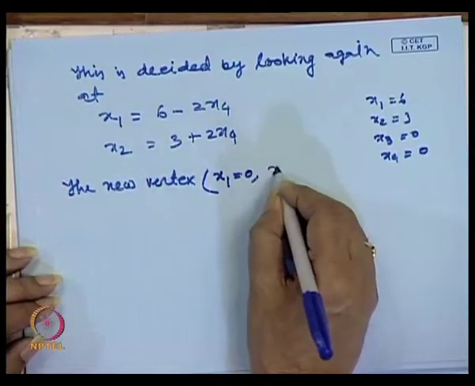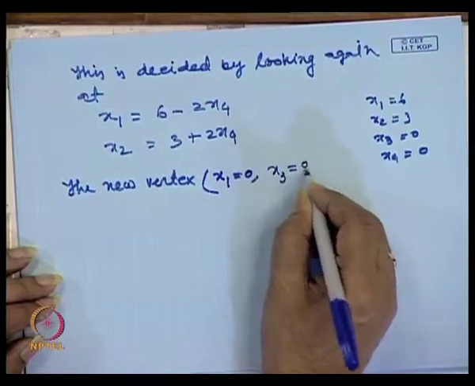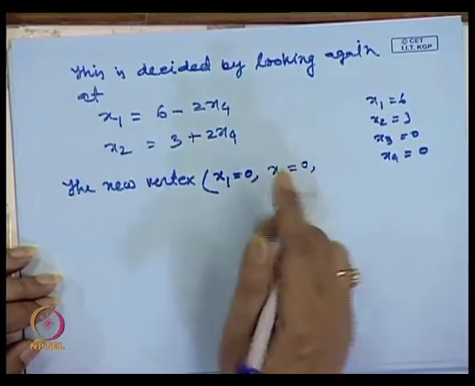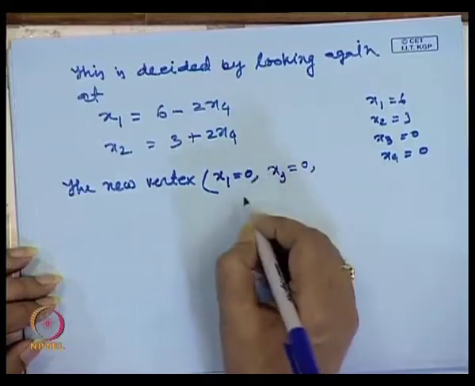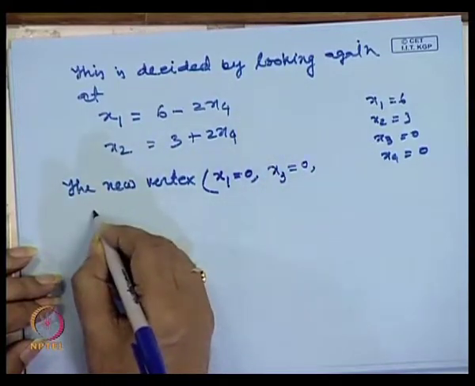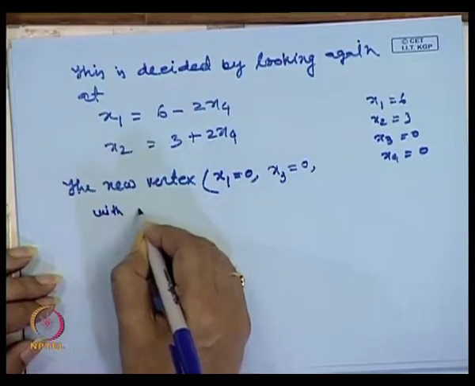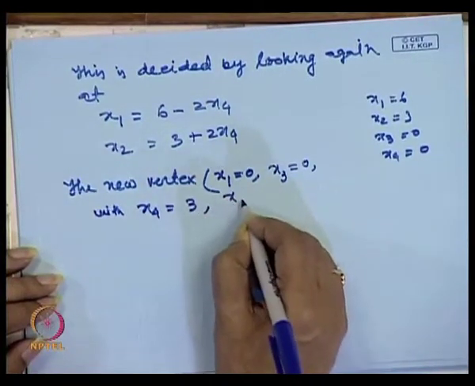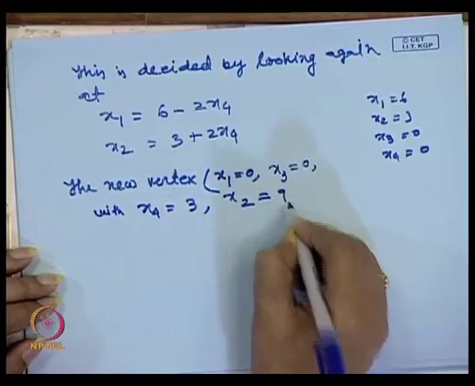Immediately with these non-basic variables assigned, we can find x4 is equal to 3 and x2 is equal to 9.